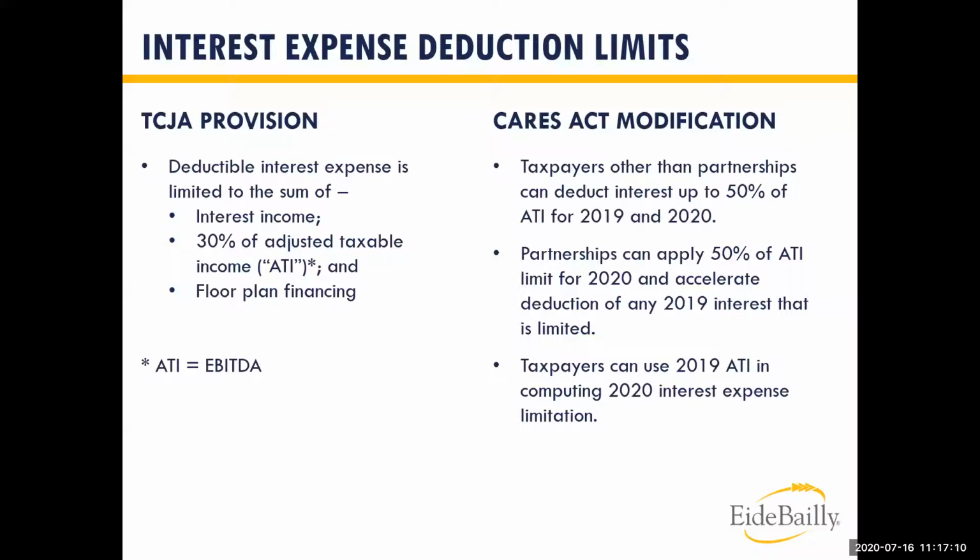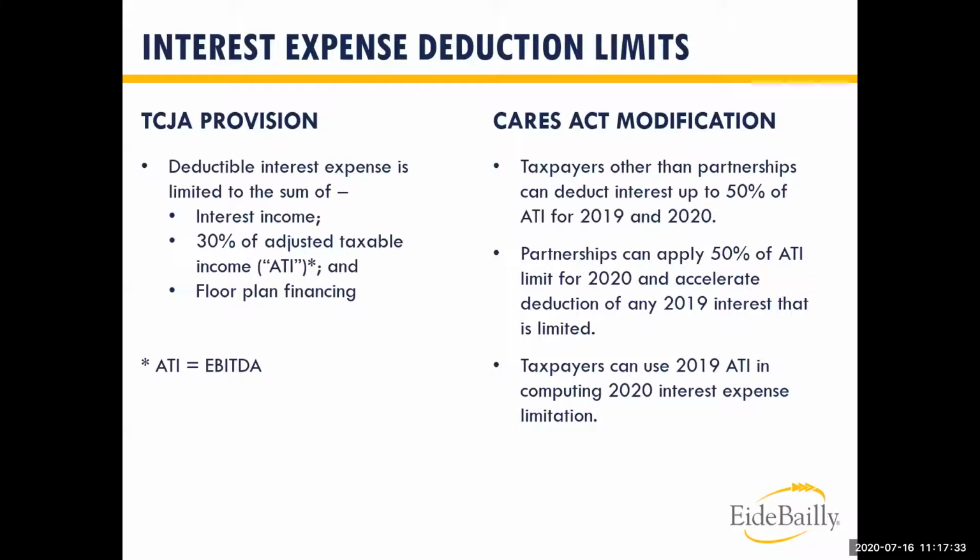The third item that impacted some of our accounting method issues that was included in the CARES Act is the interest expense deduction limits under 163(j). The Tax Cuts and Jobs Act introduced a new limitation on the deductibility of business interest to the sum of your interest income and 30% of your adjusted taxable income starting in the 2018 tax year.